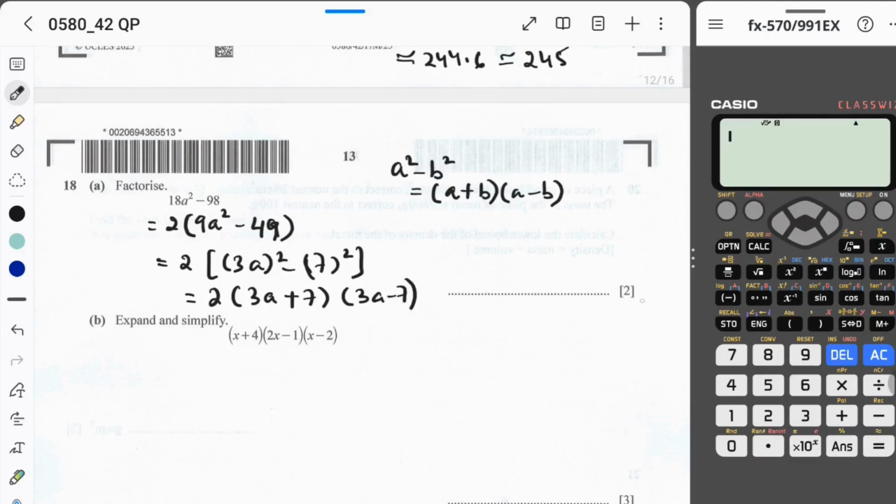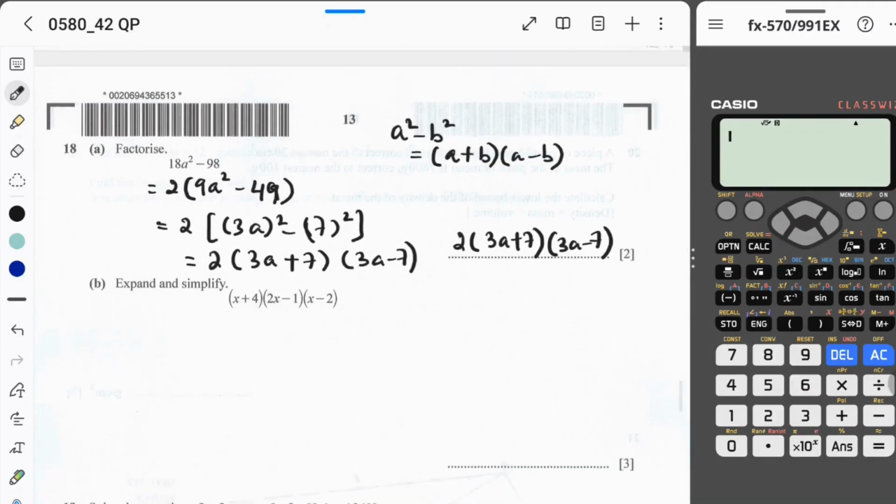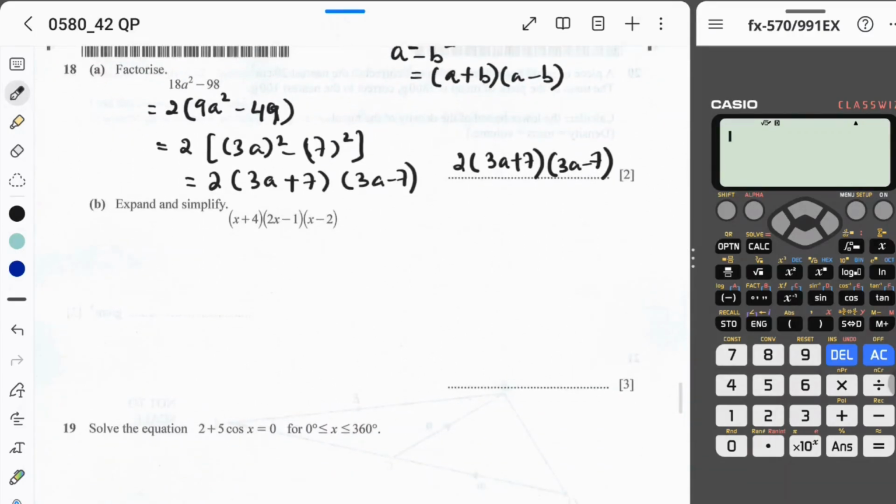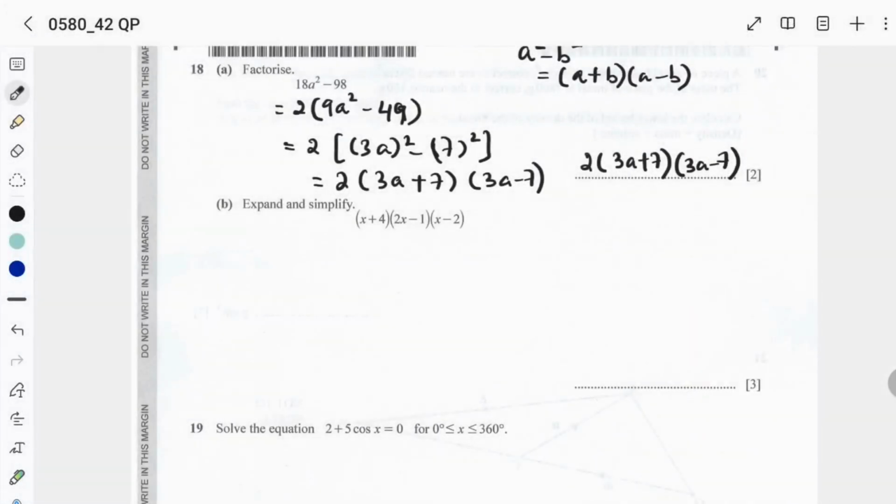So that is a 2 marks question. You took common, that's the one step. The second step is you use the identity to find the final answer. So 2 times 3a plus 7 and 3a minus 7. Now the next part, you have to simply expand this. Okay, so for this one, it's up to you.